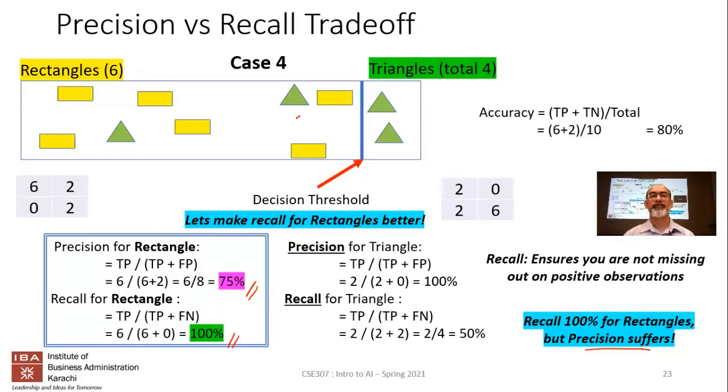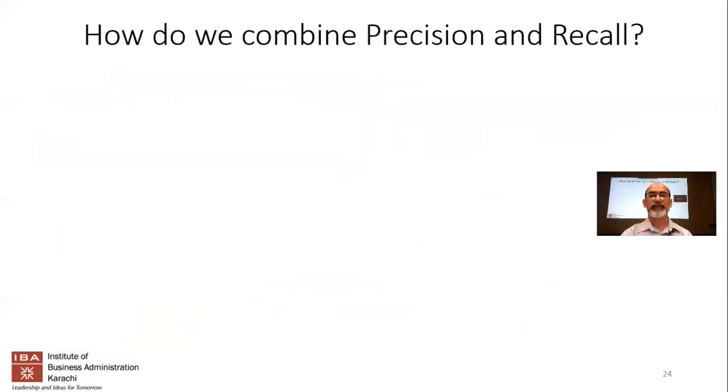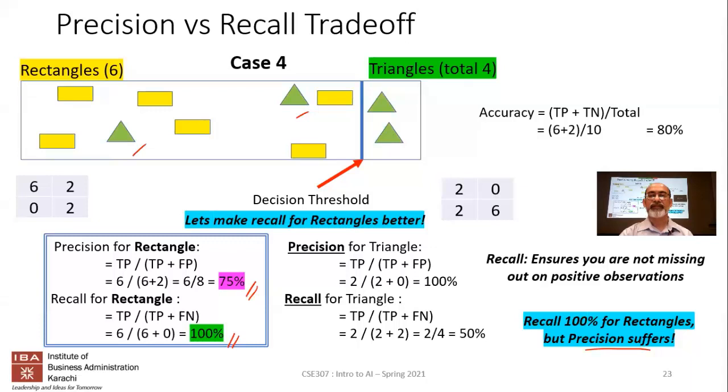Now we have a couple of triangles coming into the positive side, and so the precision has suffered. So clearly there's a trade-off in where you put the decision boundary. That's one of the issues that we can see as a problematic case: if you go to the two extremes, one or the other starts to suffer.